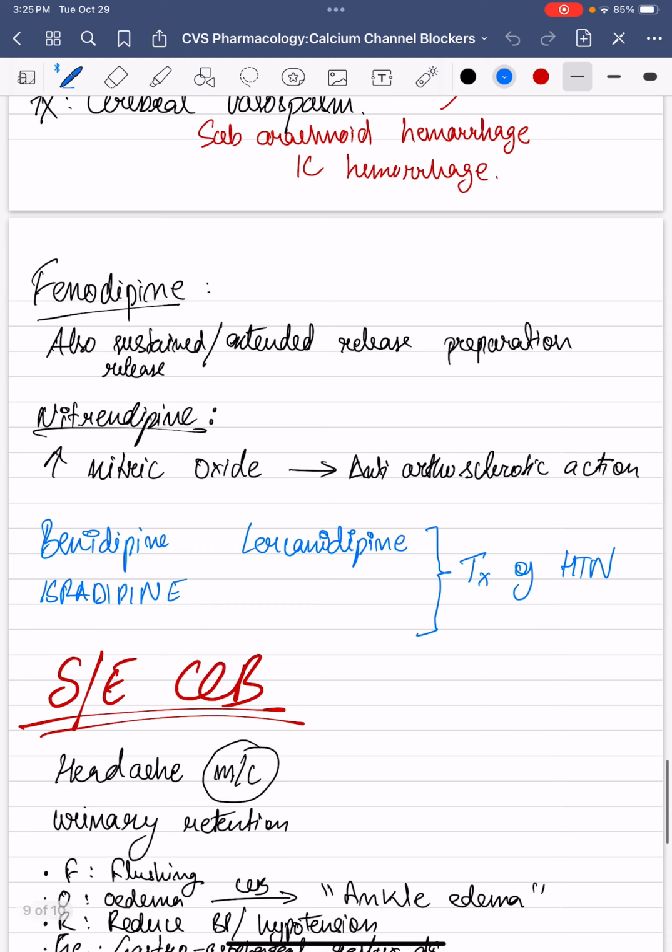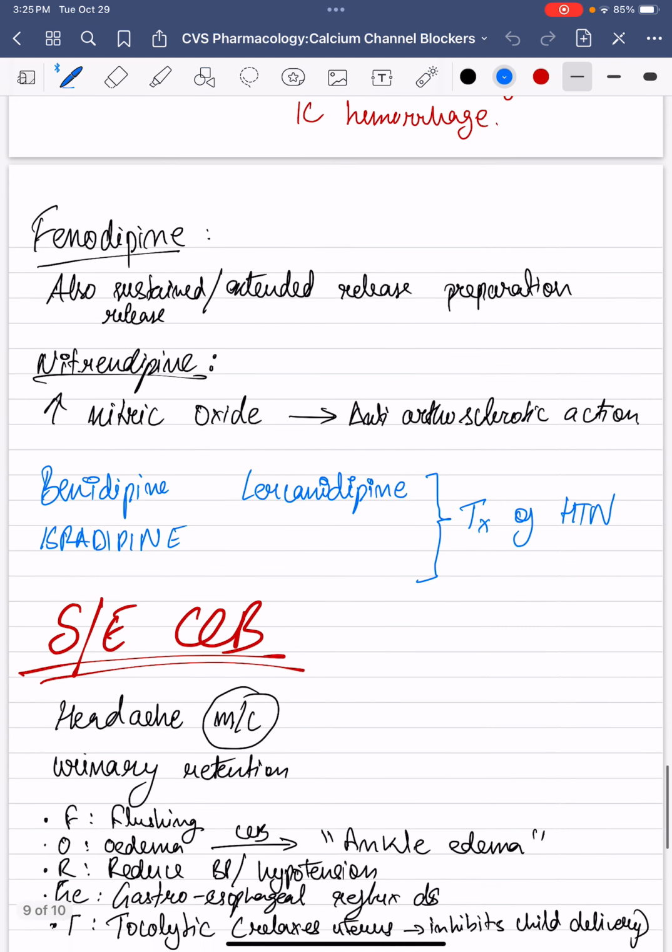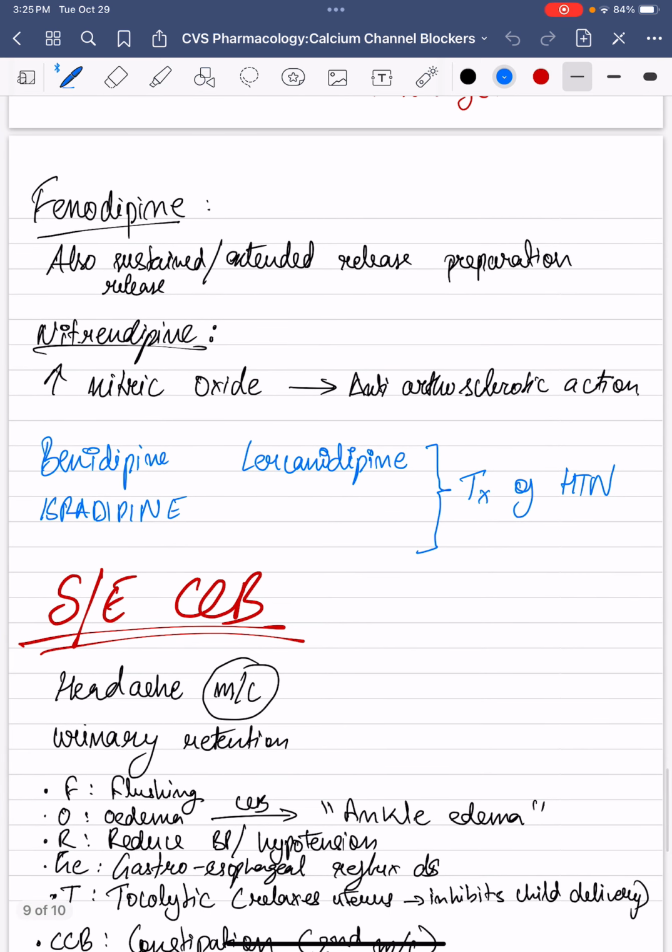Now there is felodipine, which is also a sustained or extended release preparation, and there is nitrendipine, which increases nitric oxide, and nitric oxide has an anti-atherosclerotic action on our blood vessels.